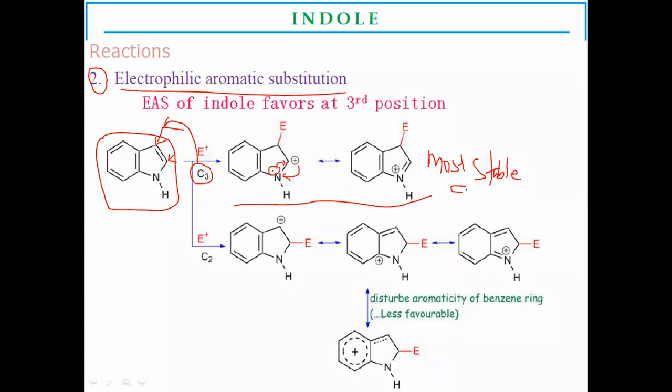Most stable N-substituted cation. In this C3 substitution, there is no disturbance to this benzene ring.